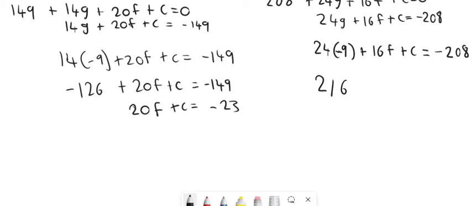Sorry, g was minus 9, so we get minus 216 plus 16f plus c is equal to minus 208. And we end up getting 8 on the other side then.